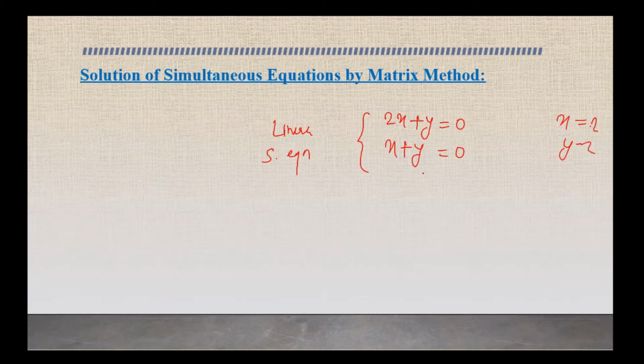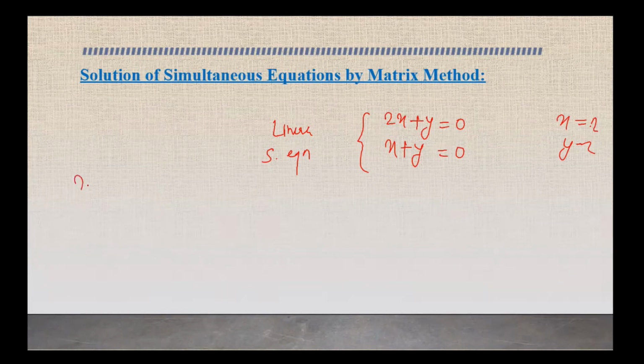To obtain the solution, we first make the coefficient of one variable equal in both equations. If you observe these two equations, the coefficient of y is 1 and the coefficient of y is again 1, so there is no need to equalize the coefficients. We simply subtract one equation from the second and we get the value of x.